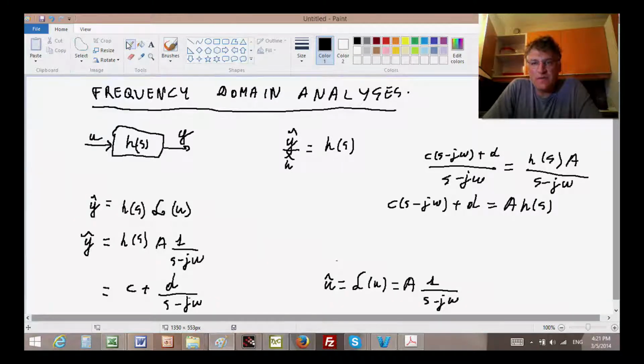So to compute C and D, what we need to do is first consider this expression and realize that when S tends towards j omega, then the expression tends towards D is equal to A h of j omega.